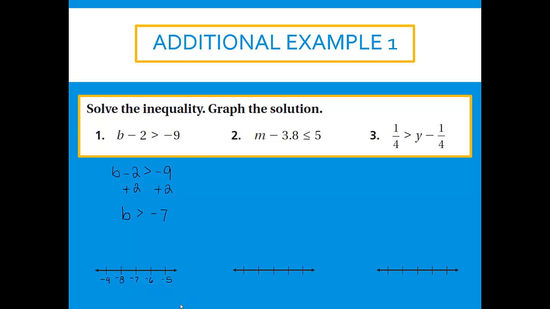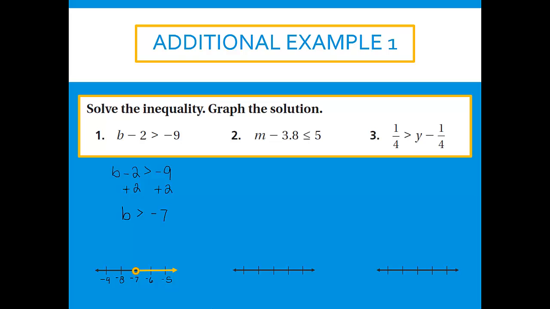Since we have greater than, we're going to have an open circle at -7. And then we can check a number on each side to see which direction to shade. So if we check -8, we have -8 is greater than -7, and that is not true. So we could check -6. -6 is greater than -7. That is a true statement, so we will shade to the right.